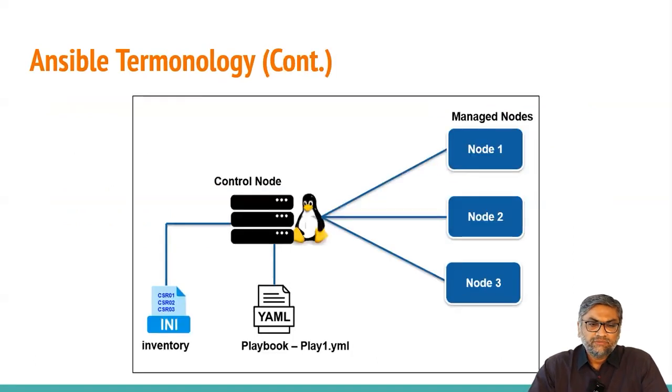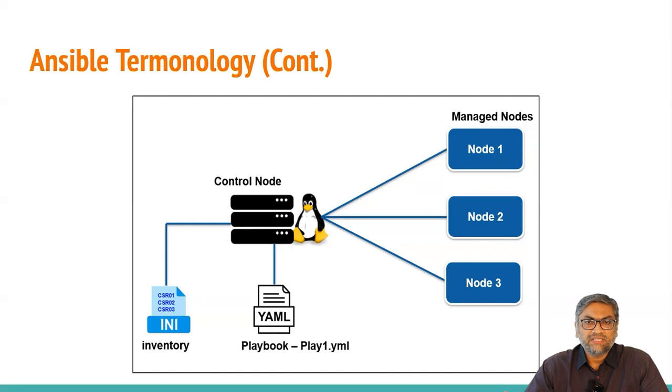A schematic diagram for Ansible would look like this. We have a control node, which should primarily be a Linux machine, because Ansible works only on Linux-based machines like Mac and Linux, not on Windows machines. So the control node should primarily be Linux-based. And then you have managed nodes, which are sitting remotely. On the control node, the reference of these managed nodes is maintained in a file called inventory.